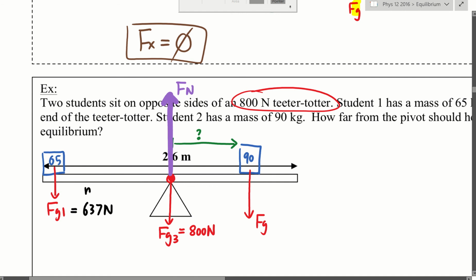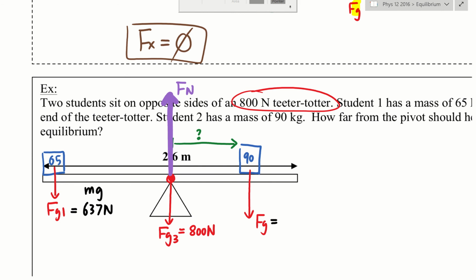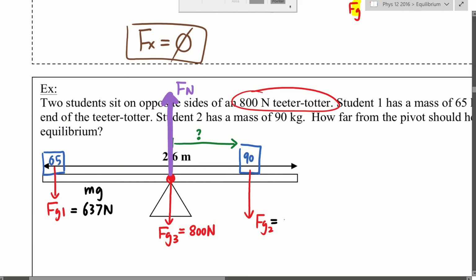Now, this is what I get after doing the mg, right? Let me do that one too. FG2 is going to be 90 times 9.8, which is 882. Okay, so I'm just getting these numbers quicker to save time, but this is basically just another mg.